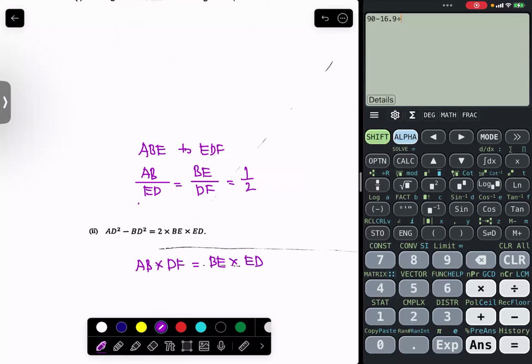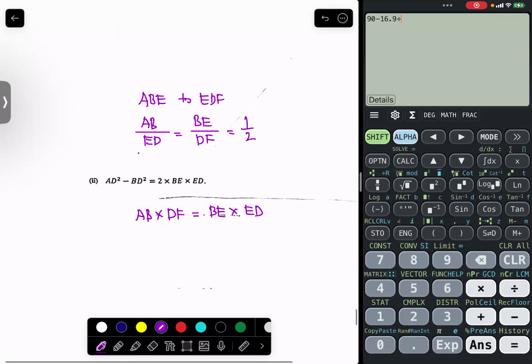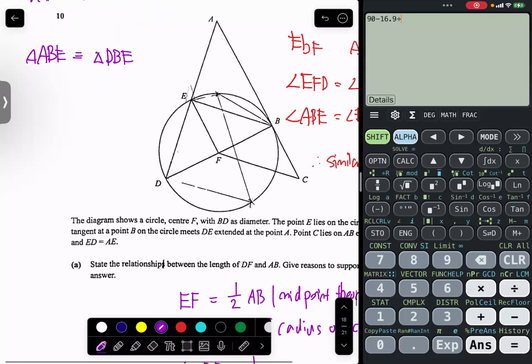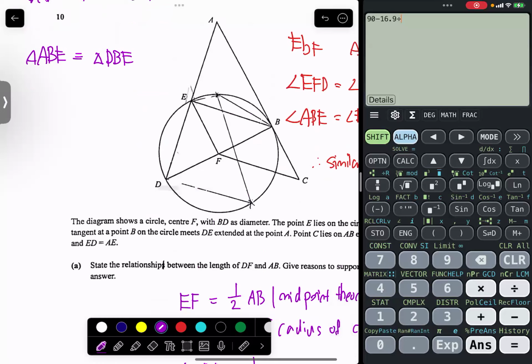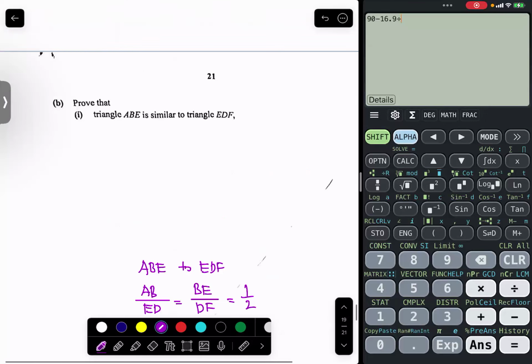Okay, and then BF is half of AB. Because from the first part, BF equals to half of AB.